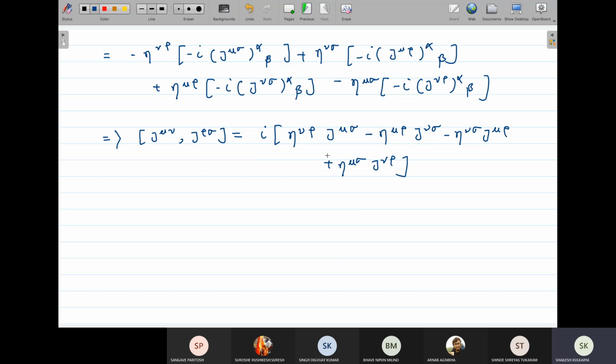This you can do. Please do this from this step to this step. Okay, so this is the commutator of generators.